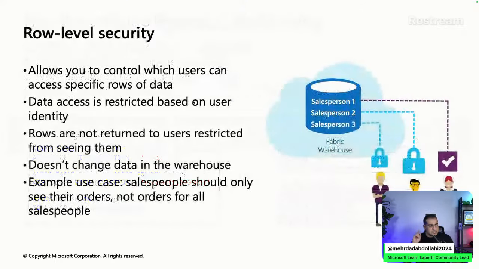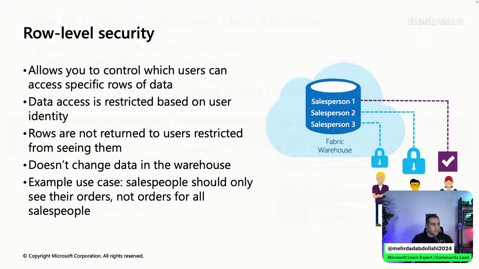The next security that we can implement for our warehouse is row level security, which is very important in organizations where we have different departments, and each specific department should only see its own data and not the others, right?